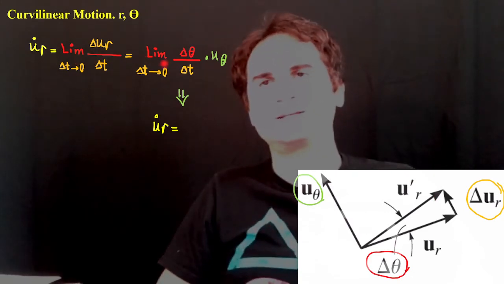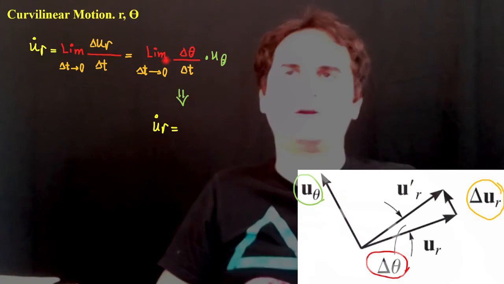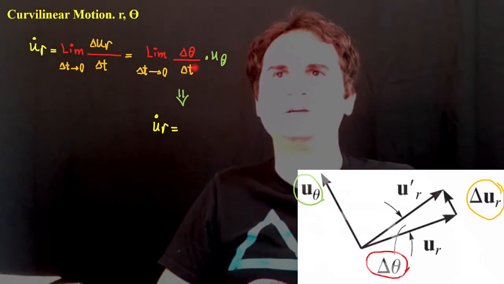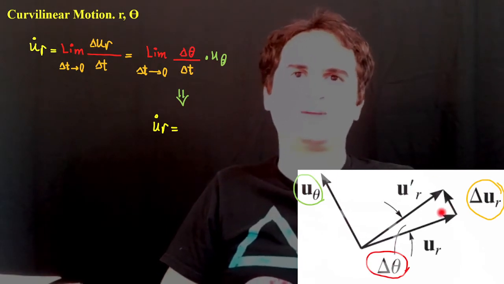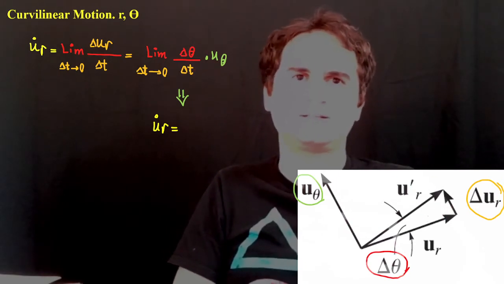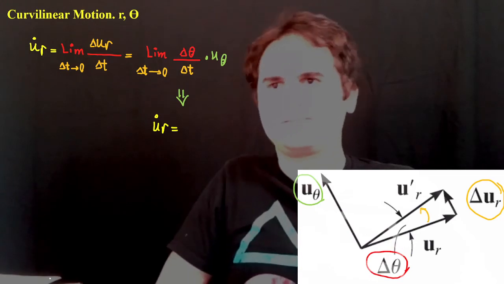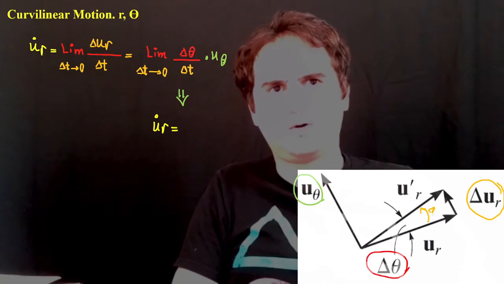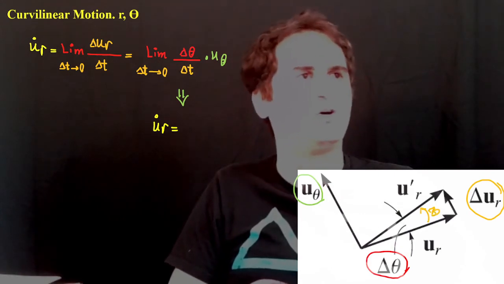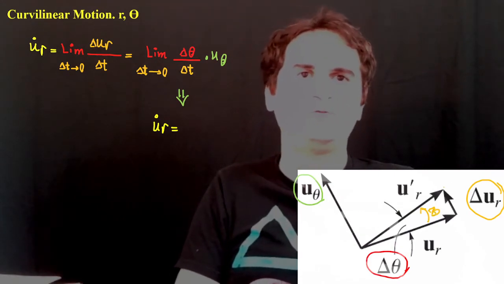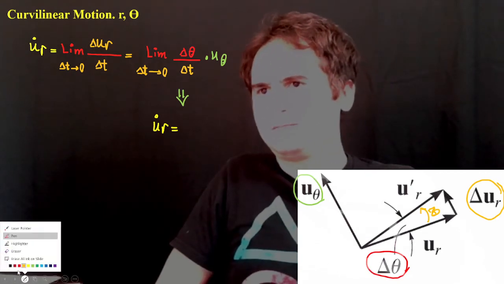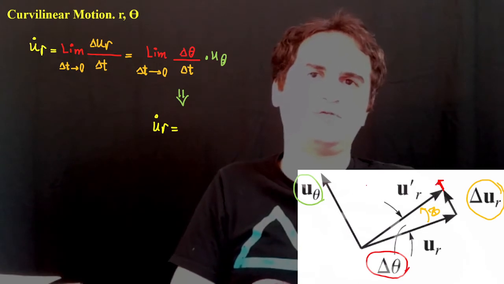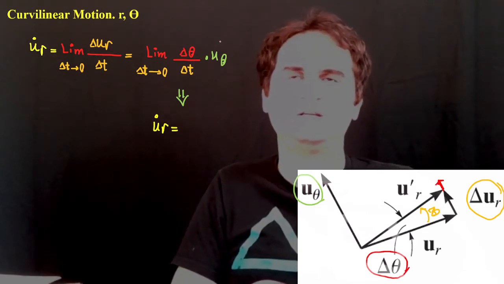And that's exactly the limit of delta theta over delta t times u theta. So you can easily see we can call this angle delta theta, a small variation in the angular change, and the direction of the normal vector for that one is definitely u theta.